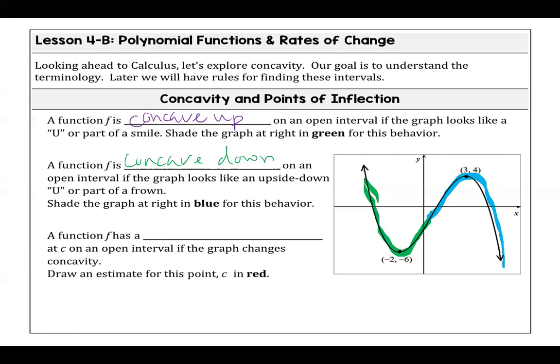Okay. The point where these two meet is called your point of inflection. Where these two interact, that is going to be called your point of inflection. You may see me just write POI from here on out.